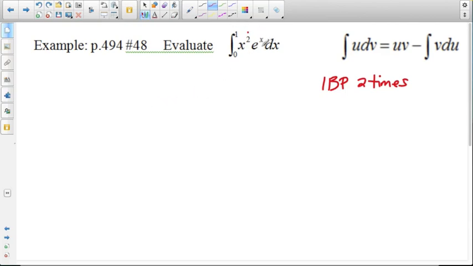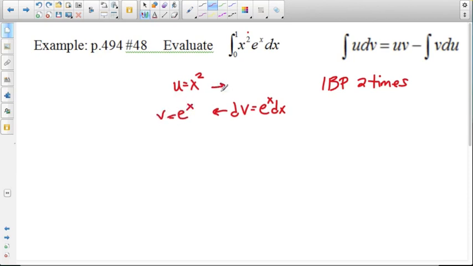So, you know, for this one, the general guidelines, I think, hold true. Our u is going to be x squared, and our dv is going to be e to the x dx, that more complicated expression. And then as we integrate, we get a v of just e to the x.